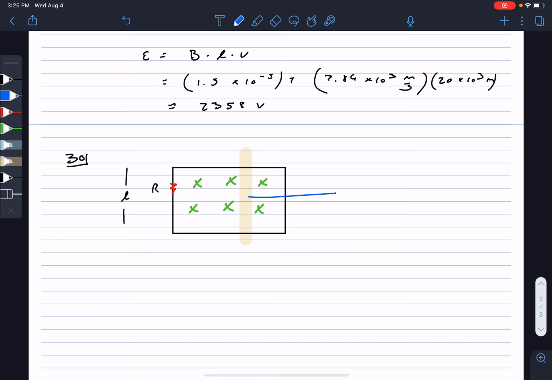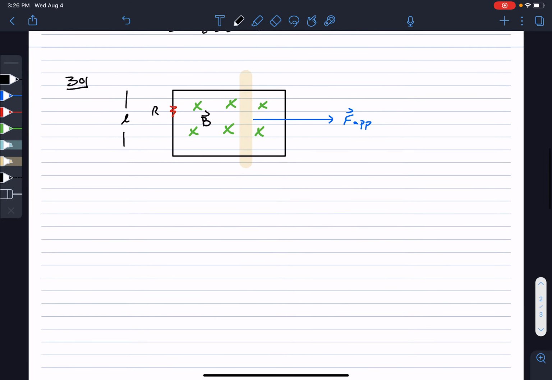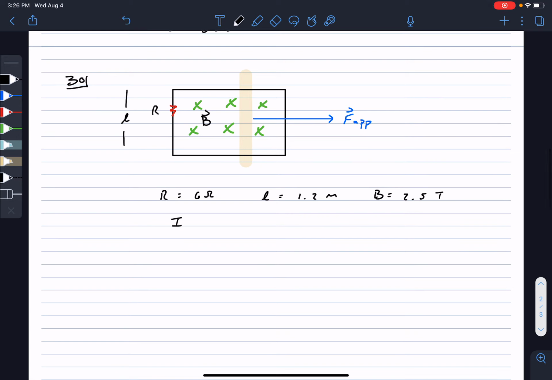And we know that there's going to be an applied force pushing the bar along due to the magnetic field, which is in here, B. Right? So we're told that the resistor is 6 ohms. We're told the length of the side is 1.2 meters. We're told that the magnetic field is 2.5 Tesla. And we are asked to find what is the speed that is going to produce a current of 1 amp in the resistor.